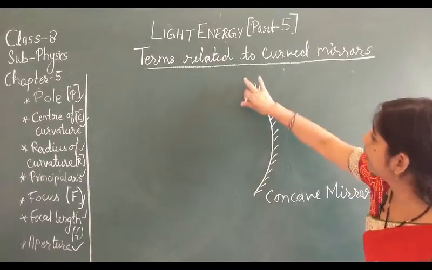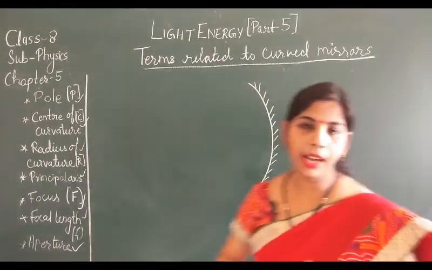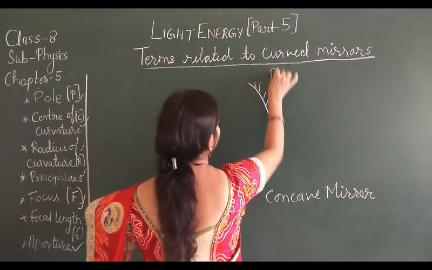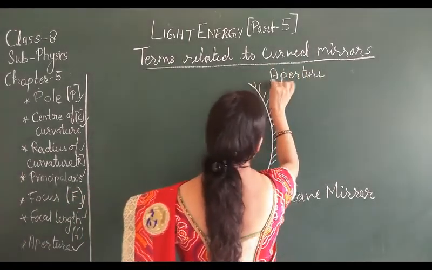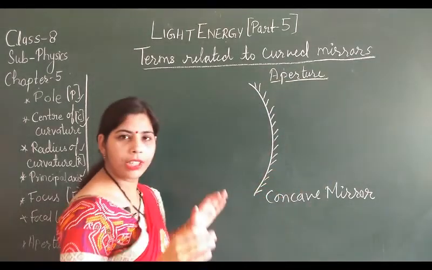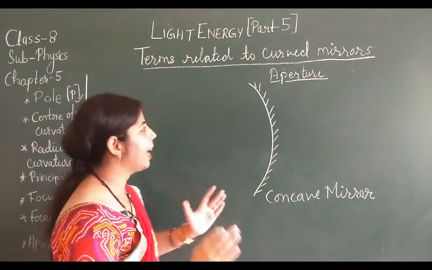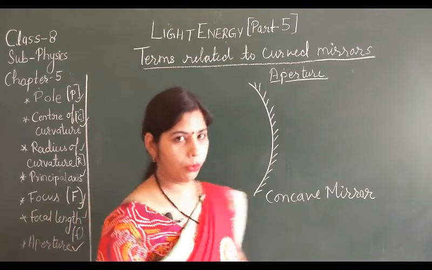This complete reflecting body is known as the aperture. I am not going to write any definition, I am only going to explain. You just understand it and write the definition on your own.